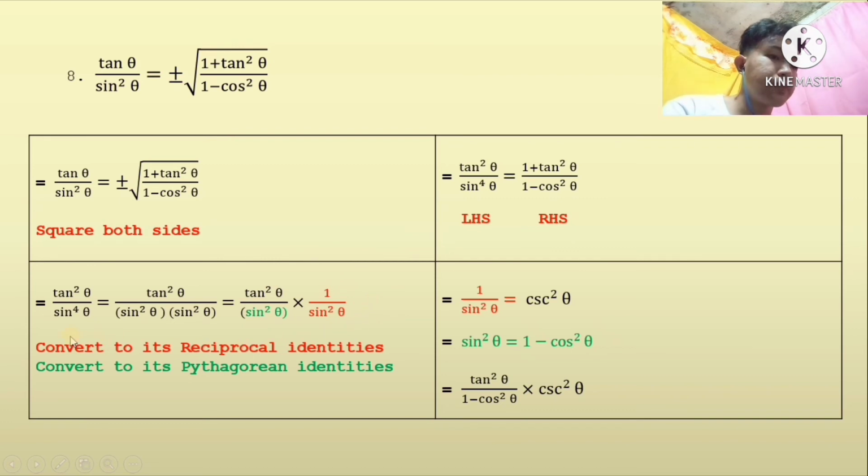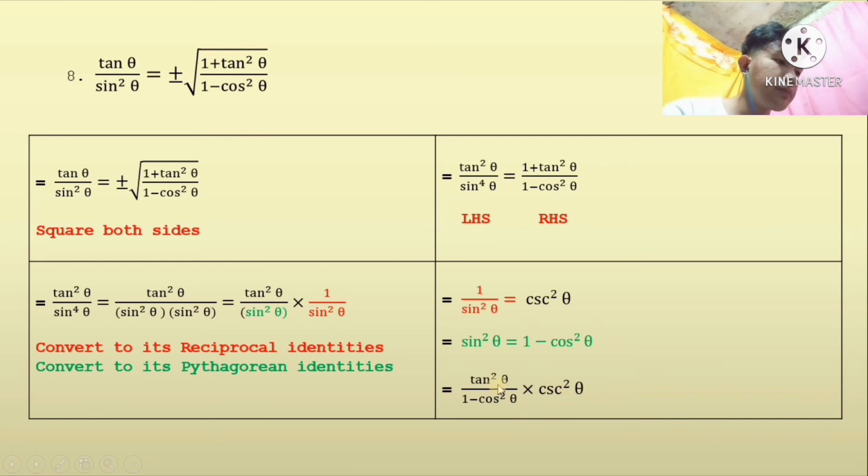So convert to its reciprocal identity. So convert into cosecant. So 1 over sine squared theta is equal to cosecant squared theta. Then convert sine squared theta to its Pythagorean identity. So sine squared theta is equal to 1 minus cosine squared theta.